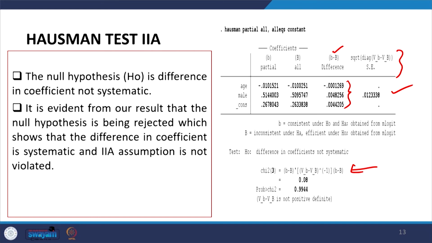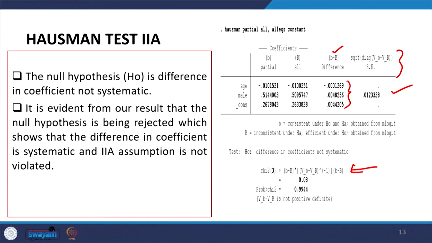The null hypothesis is in fact that the difference in coefficients is non-systematic. Systematic used to be non-random, non-systematic is in fact random. So the difference derived between these two is expected to have a distribution, maybe normally distributed.